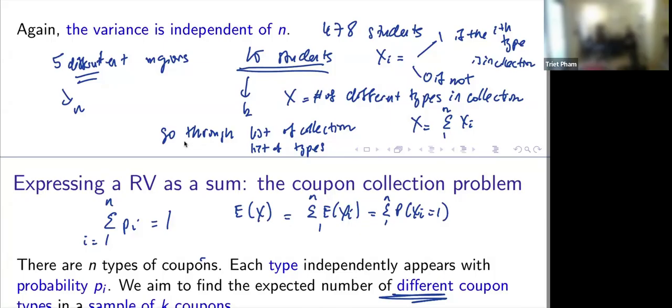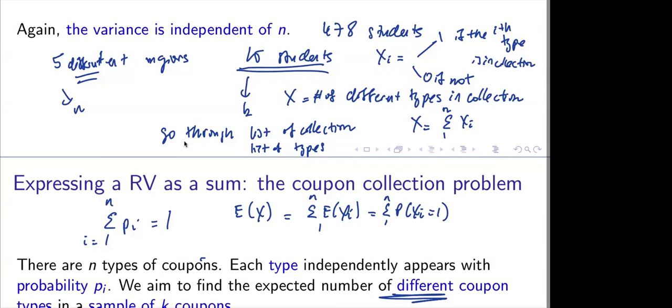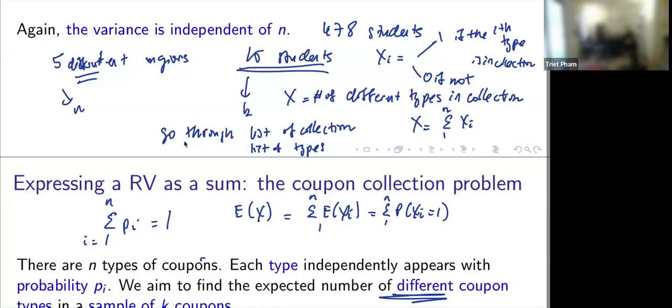What is Xi in our definition? There's at least one of somebody of that major. Exactly. Excellent. Perfect. So it's not pi. So what is the probability Xi equals 1? Notice the 1 here is the one of the indicator function, not the 1 in the count.